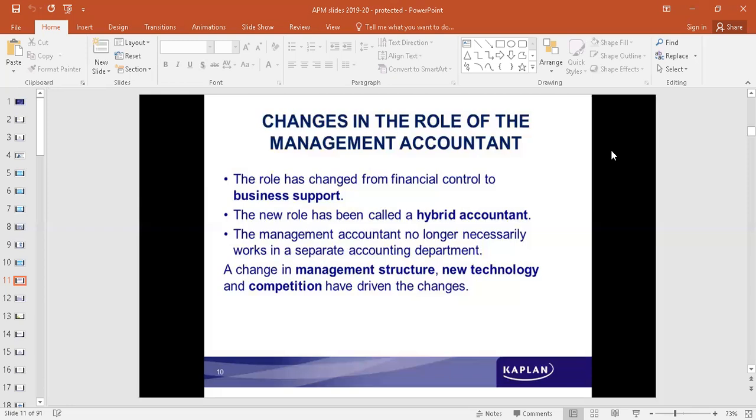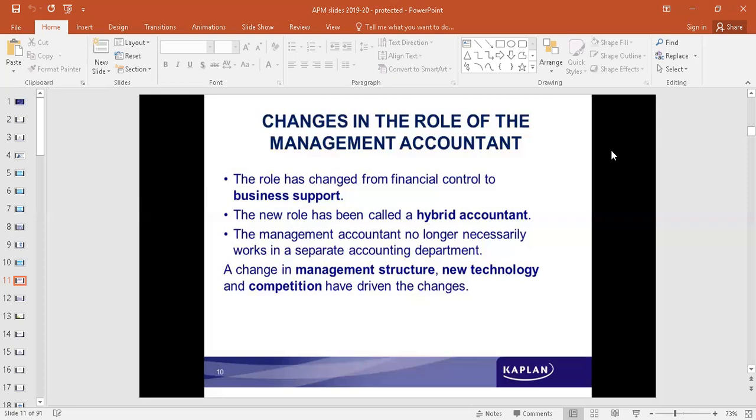Now, in the contemporary scenario, we do not see the management accountant as someone who is providing just accounting information, but rather the expectation is that the term is now called a hybrid accountant.